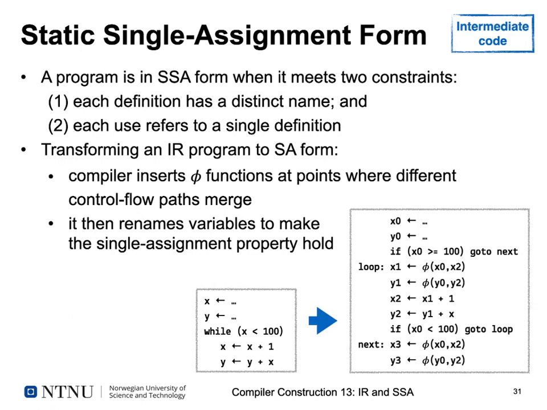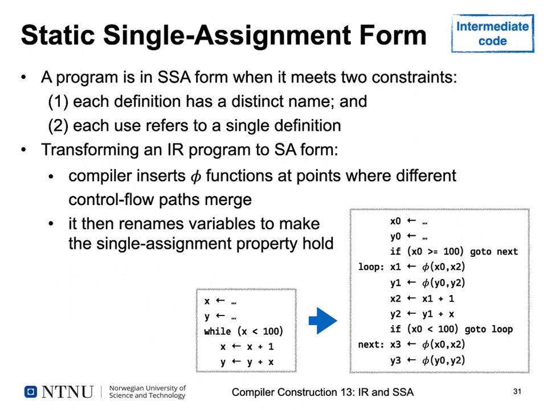We define a program to be in SSA form when it meets the following two constraints. First, each definition of a variable has a distinct name. And second, each use of a variable refers to one of these single definitions. If we want to transform an ordinary intermediate representation program to static single assignment form, then we need to consider the convergence of control paths.